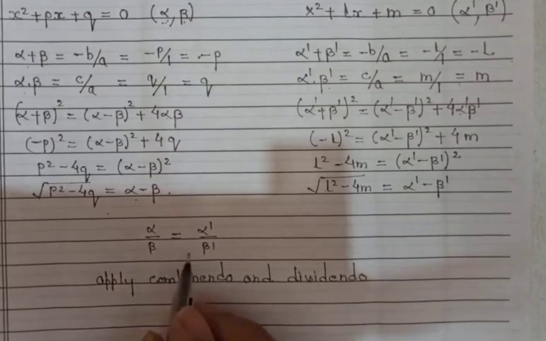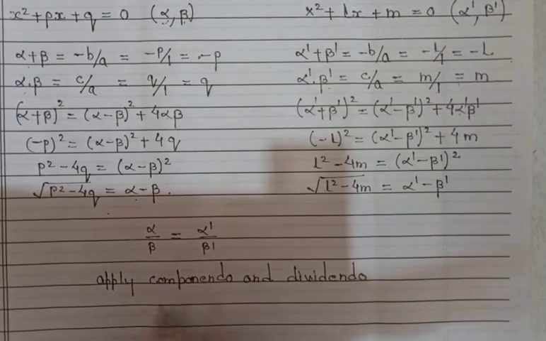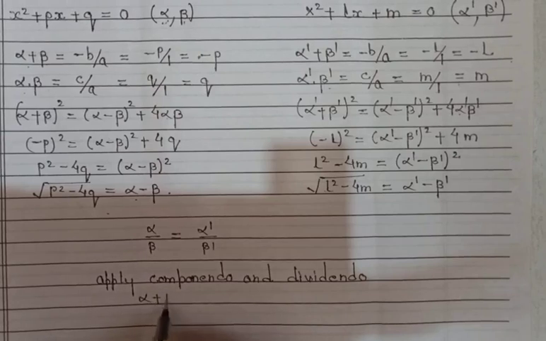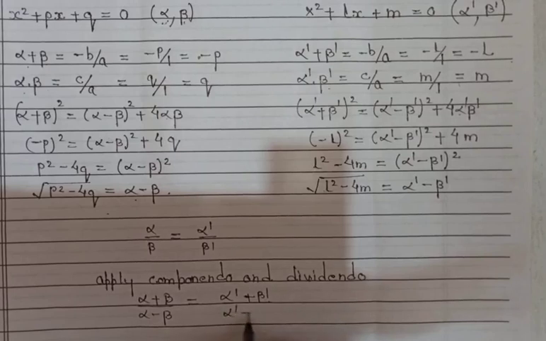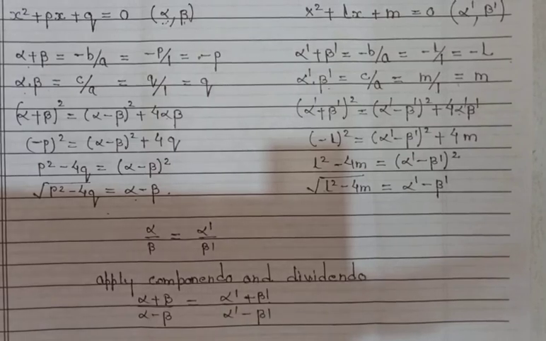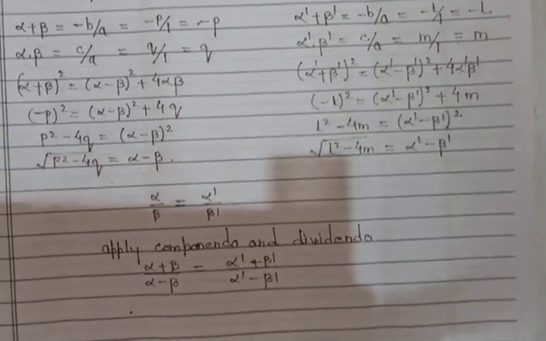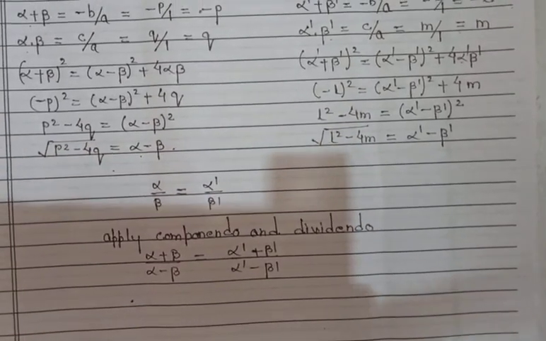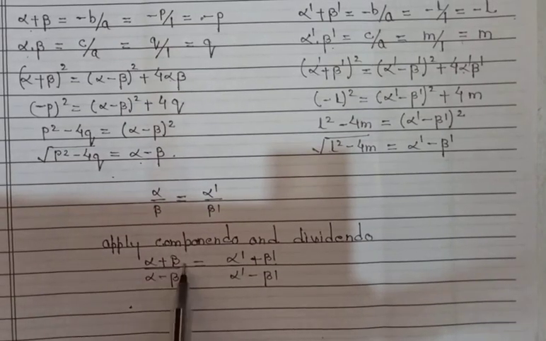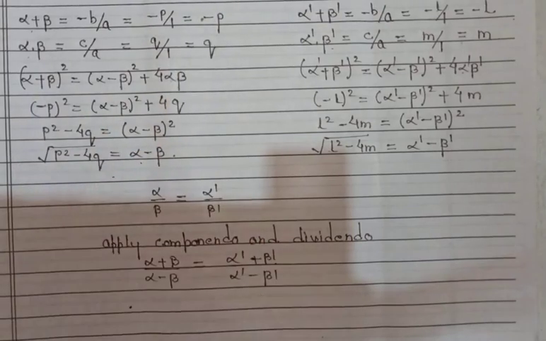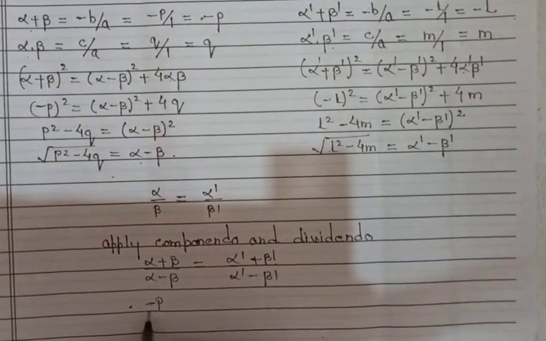Now when we apply componendo and dividendo on this relation given to us, we will be getting alpha plus beta upon alpha minus beta is equal to alpha dash plus beta dash upon alpha dash minus beta dash. Now as you can see in the question, these values are known to us. So let us substitute these values here. See, we need alpha plus beta, which is known to us as minus p, upon alpha minus beta.